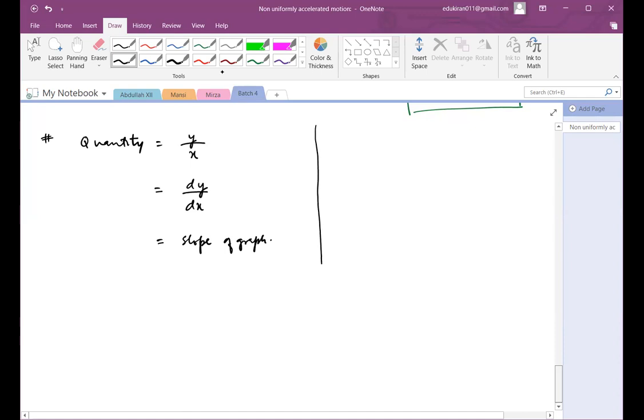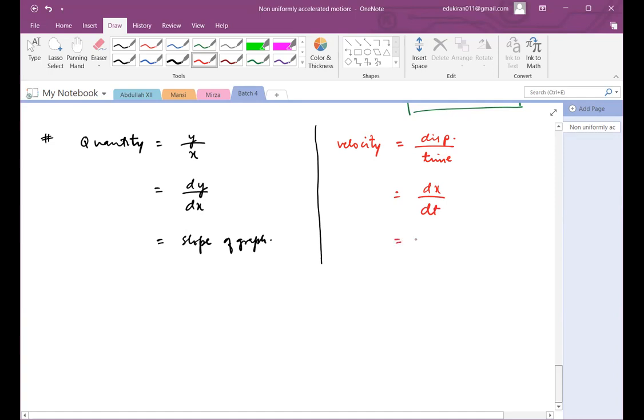I'm defining a relation related to this. Let's suppose you have to calculate velocity. It is nothing but displacement over time taken. You use this formula when there is a numerical value related to displacement and time. But if displacement is a time-dependent function, you will use dx over dt.